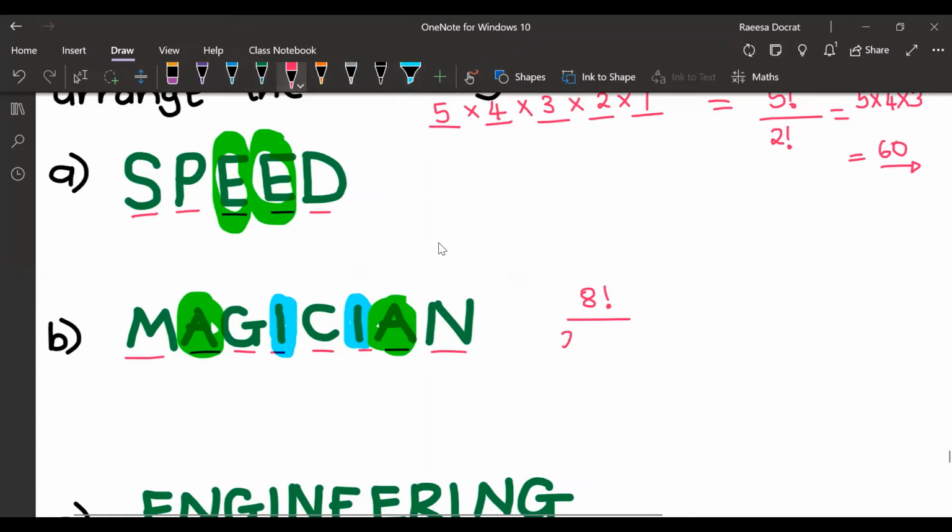We'll divide by 2 factorial, because there are 2 A's, and then we'll also divide by another 2 factorial because there are 2 I's. You can type it into your calculator if you would like: it's 8 factorial divided by 2 factorial times 2 factorial, which gives a total of 10,080.